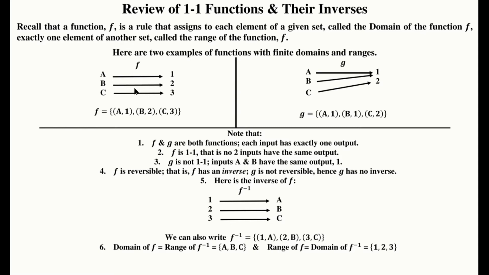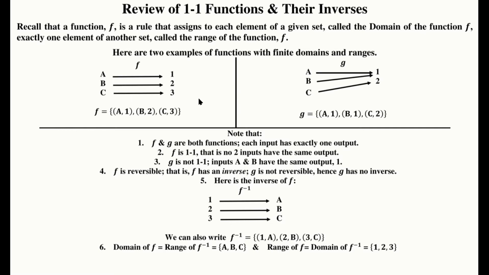In other words, if we ask about any of the output elements, which are called the range elements, where that element comes from, we could easily trace it back to its source. We couldn't do that here, for example, with 1, because we could say, well, it maybe came from A or B. We can't give a definite answer, but here we can, and that makes f very special and reversible.